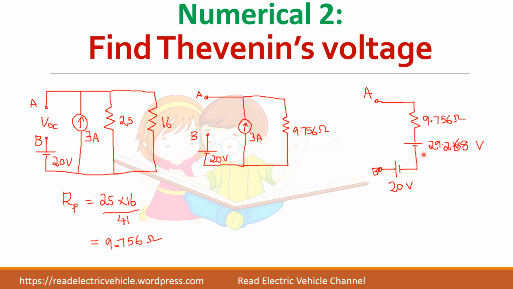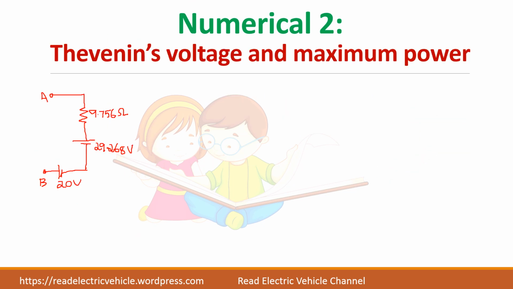Now you have two voltage sources, but they are of opposite polarity. So you can subtract these two voltages, you will get 9.268, and the final polarity should be the polarity of the highest voltage. In this case, this 29 is the highest value.